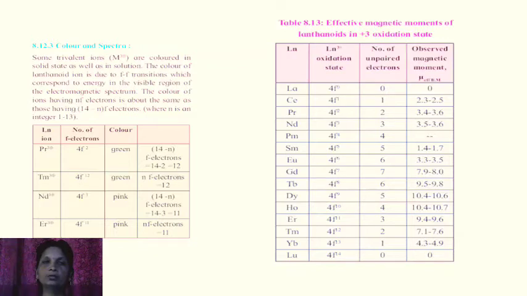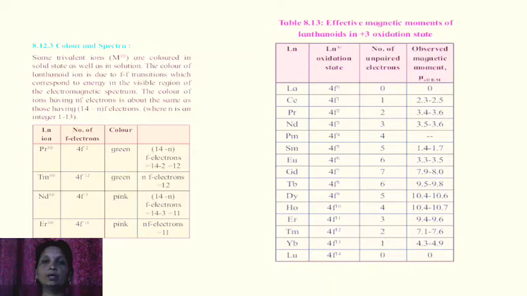So both the ions will show green color. Now Nd+3 and erbium+3 have 4f3 and 4f11 electrons. Both have 14 minus n f electrons 11 and n f electrons 11. So both these ions, Nd+3 and Er+3, will show the pink color.